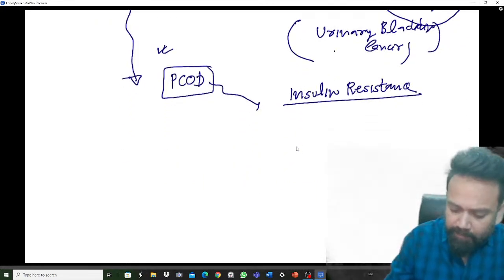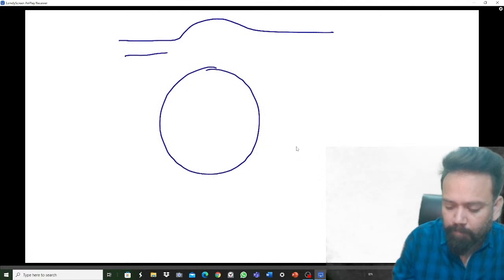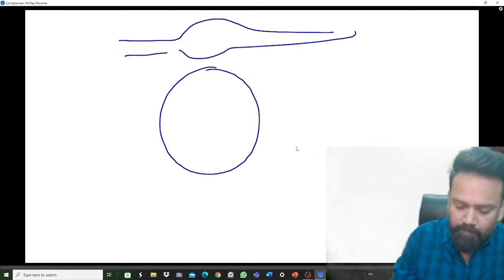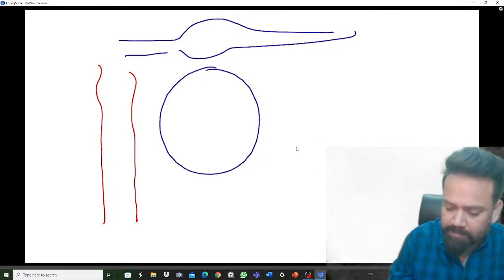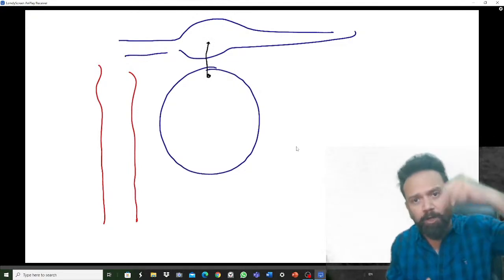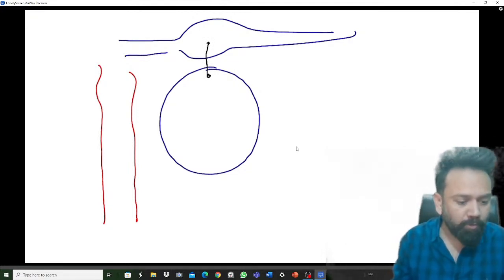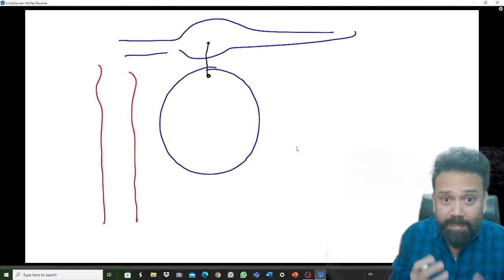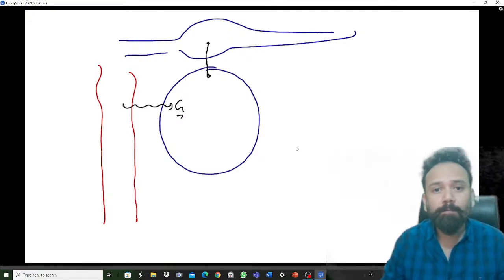How? See, this is the ovary. Suppose this is the fallopian tube, and this is the blood supply. Every 14 days, one ovum has to jump, and the fallopian tube catches that ovum every 14 days. Yes or no? That also needs glucose.